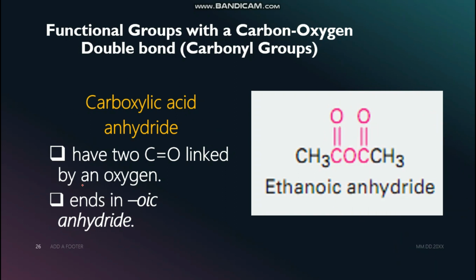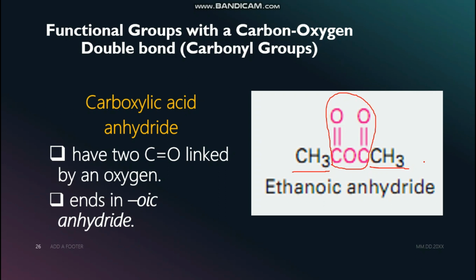And when you name carboxylic anhydride na compound, we will first look for the carboxylic anhydride functional group. And then we would count how many carbons are bonded to it. So this one, it has two carbons. So two carbons meaning ethane siya.